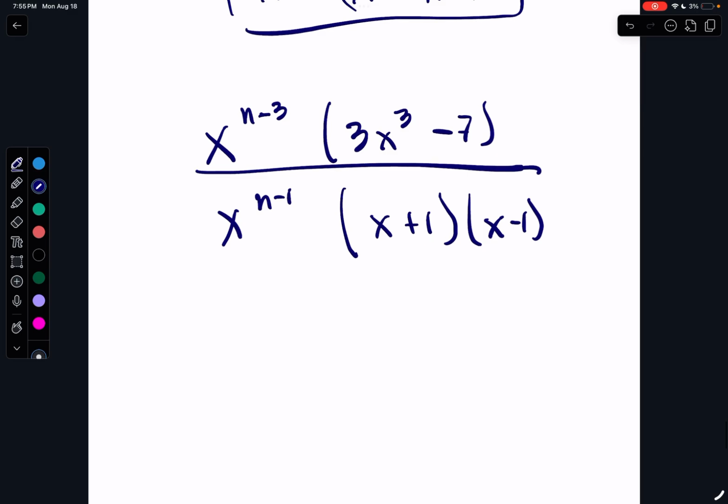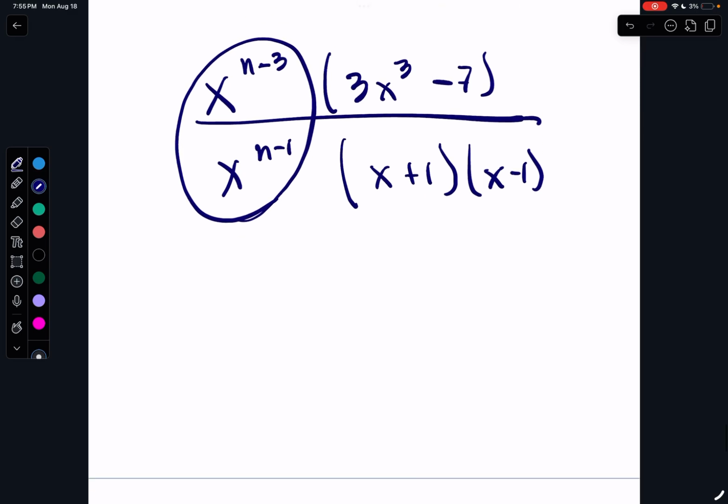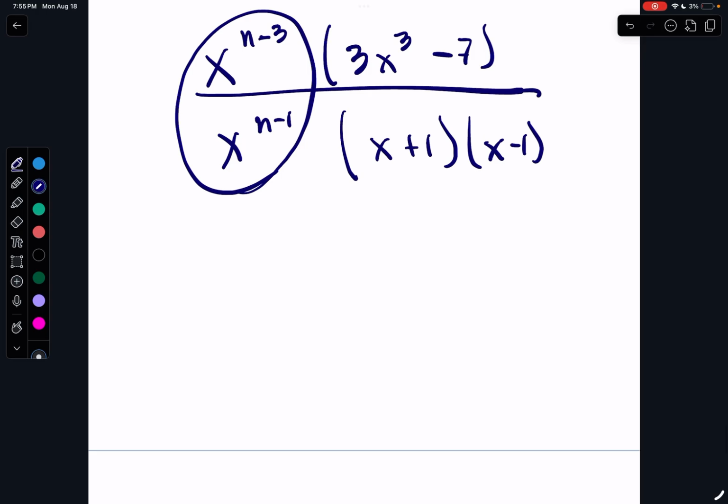Take note, this one you could also simplify so we don't have n. Using the law of exponents, when dividing two numbers with the same base, you subtract the exponents.